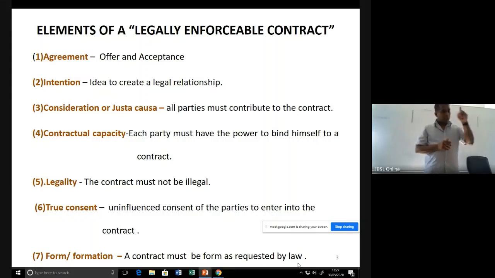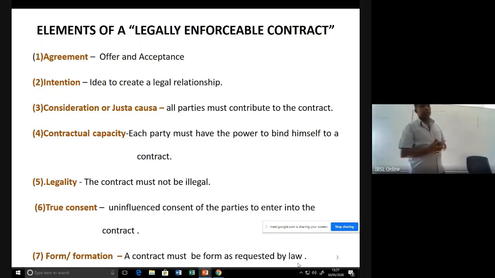Otherwise, even if one single element is not there out of these 7 elements, that contract is not a legally enforceable contract. Don't say that is not a contract. That is a contract. The difference here is that the contract is not legally enforceable because even one single element is not there. Right? Okay.